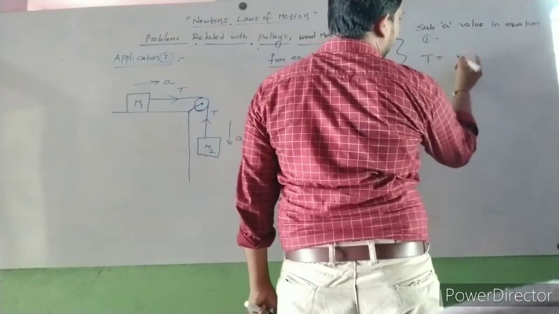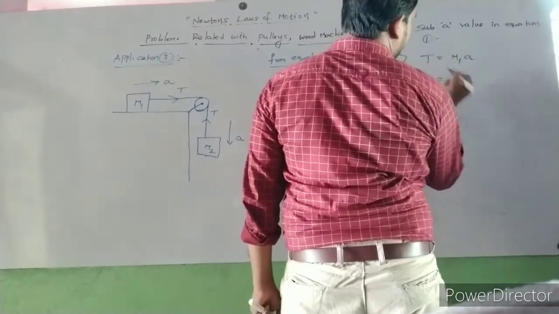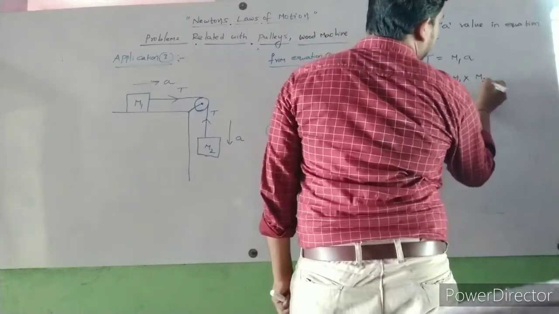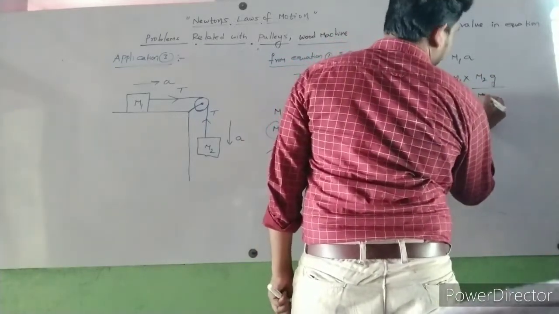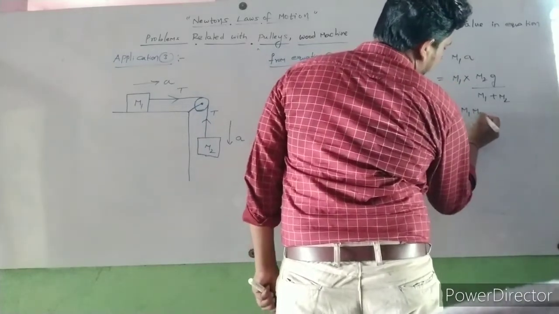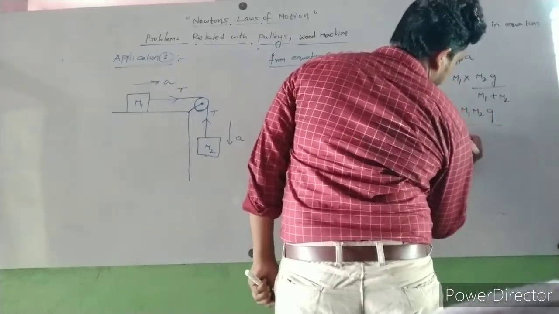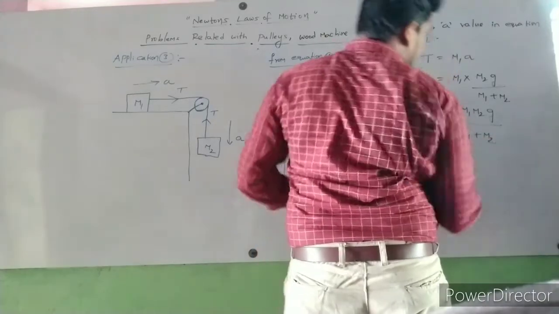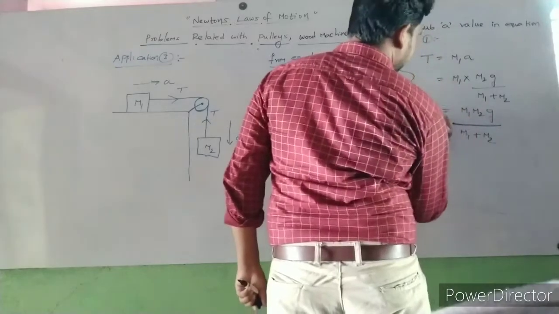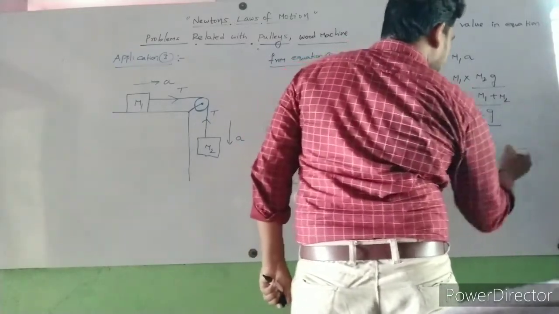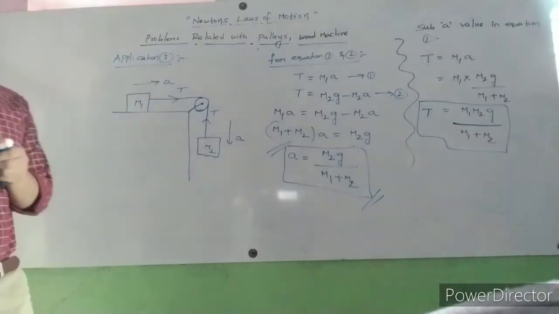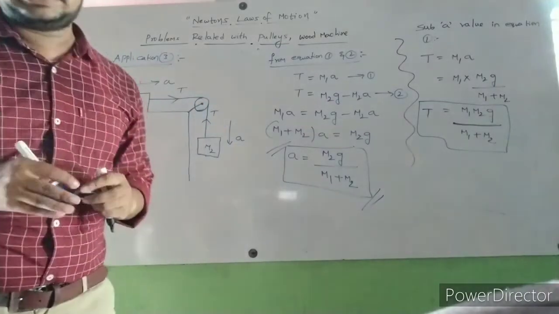Tension force T is equal to m1 into A, which means m1 into m2 into g by (m1 plus m2). So finally the tension force T is equal to m1 m2 into g by (m1 plus m2). This is about application 3.